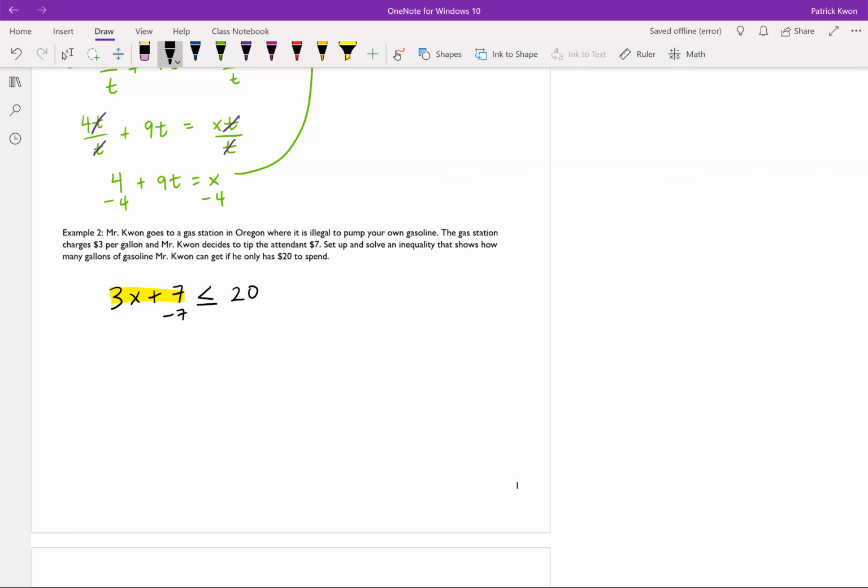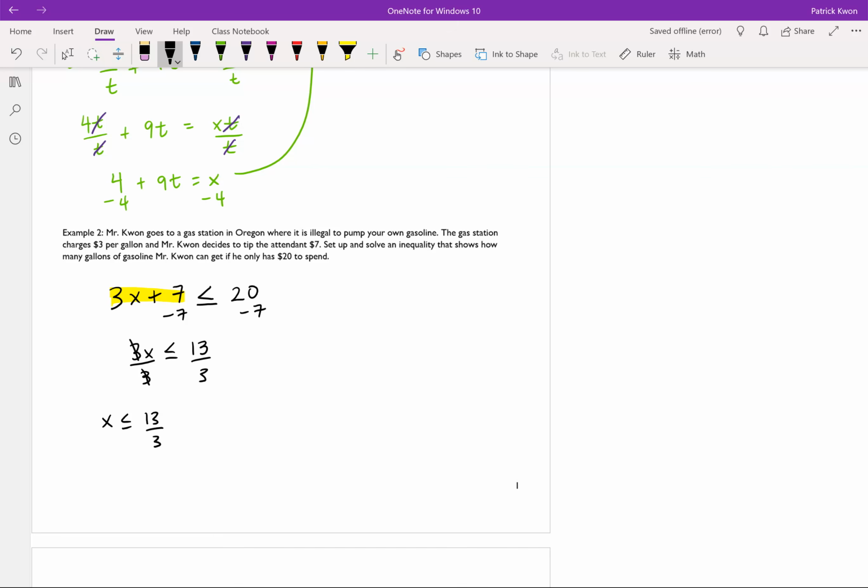So I'm going to subtract 7 from both sides. So I have 3x is less than or equal to 13. And then I can divide both sides by 3. And the 3's will divide out on the left-hand side. So I have x is less than or equal to 13 over 3.